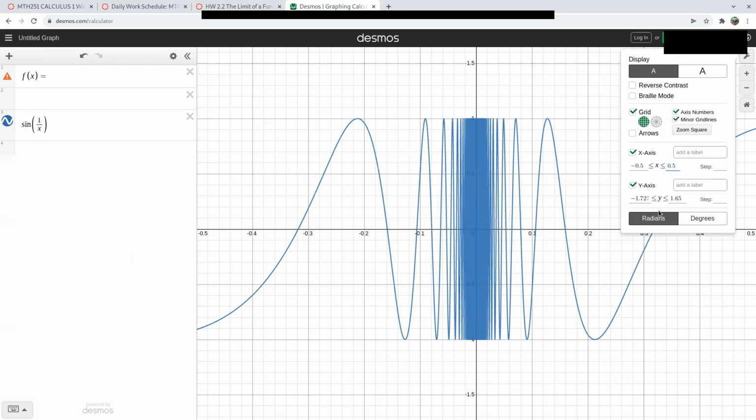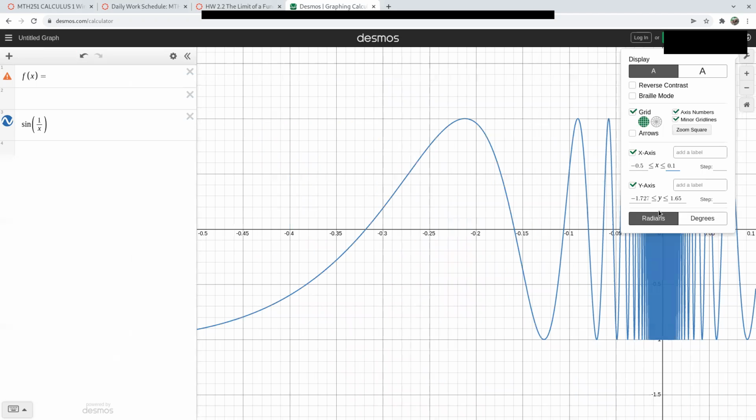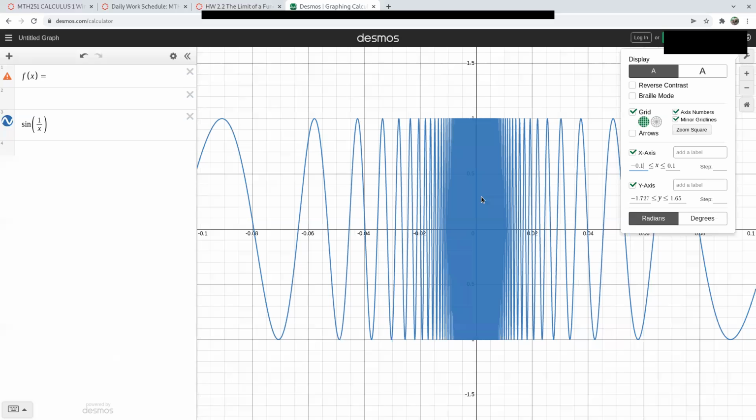It's just never going to settle down. So if we go to 0.1 on each side of 0, it just keeps oscillating faster and faster inside there, right? You can see that the rate of oscillation is increasing as we move in toward the origin here. So as x gets close to 0, this just keeps oscillating faster and faster. The closer you get to 0, the more waves there are per unit that you zoom in on.